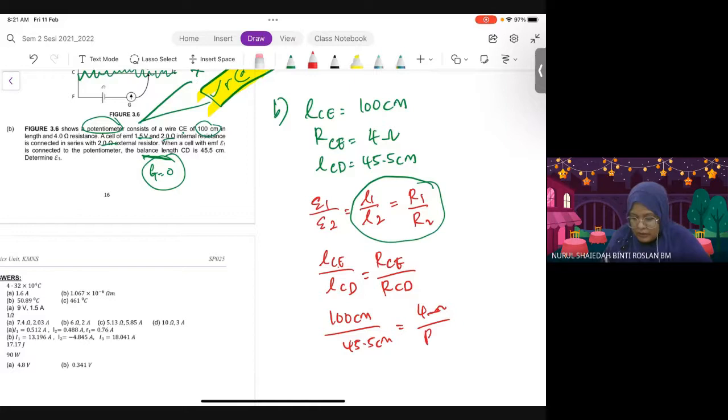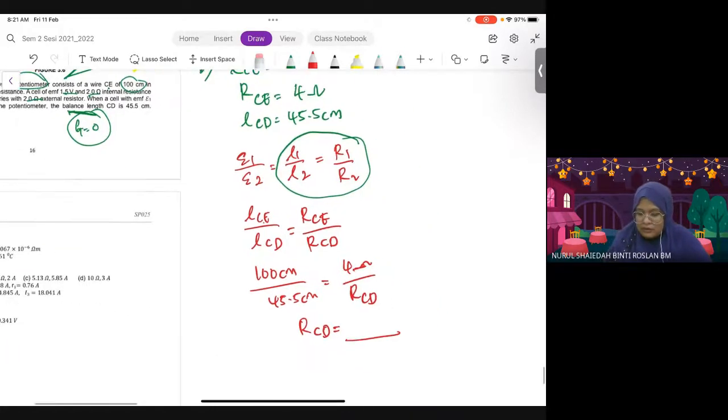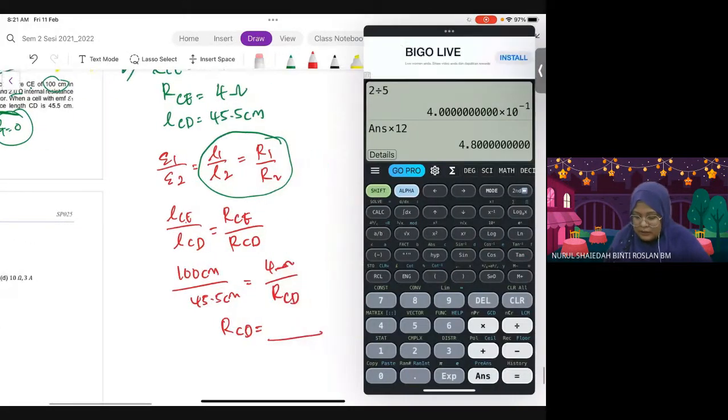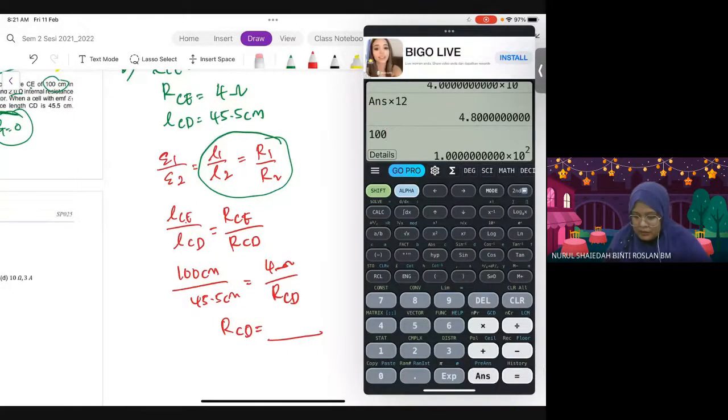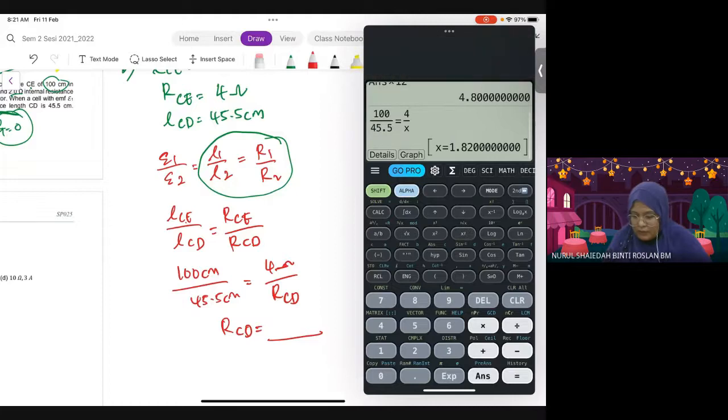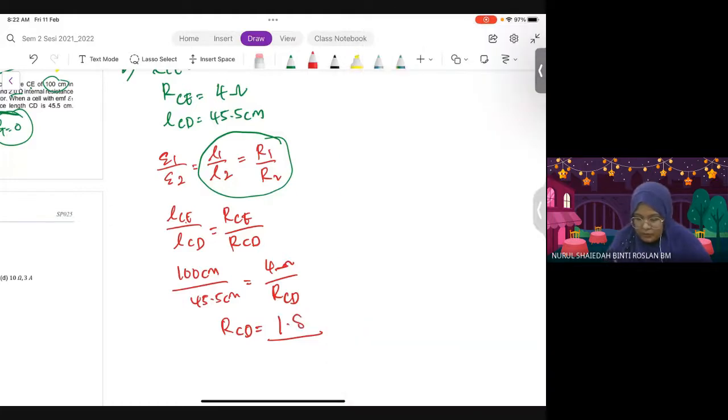So you can get RCD lah. So RCD saya akan dapat 100 over 45.5 equals 4, this one, alpha x. Shift off. So I get 1.82 lah. So 1.82 ohm. So logik tak?